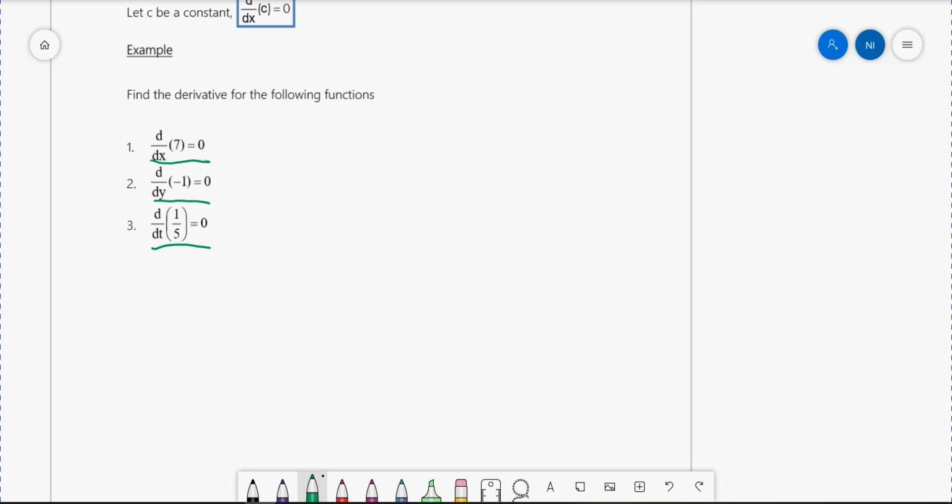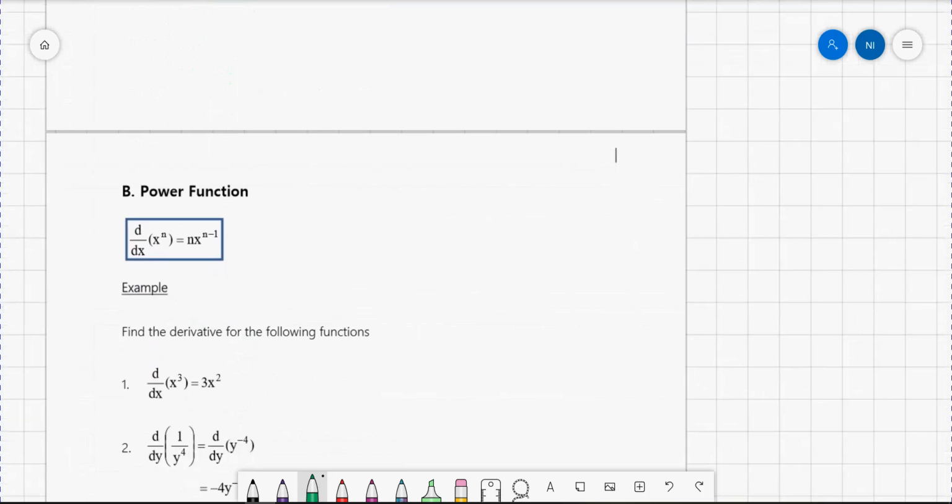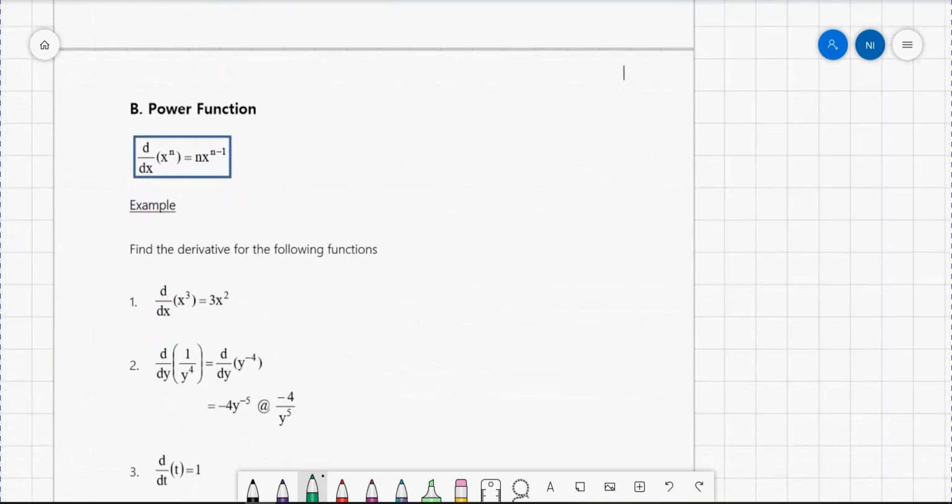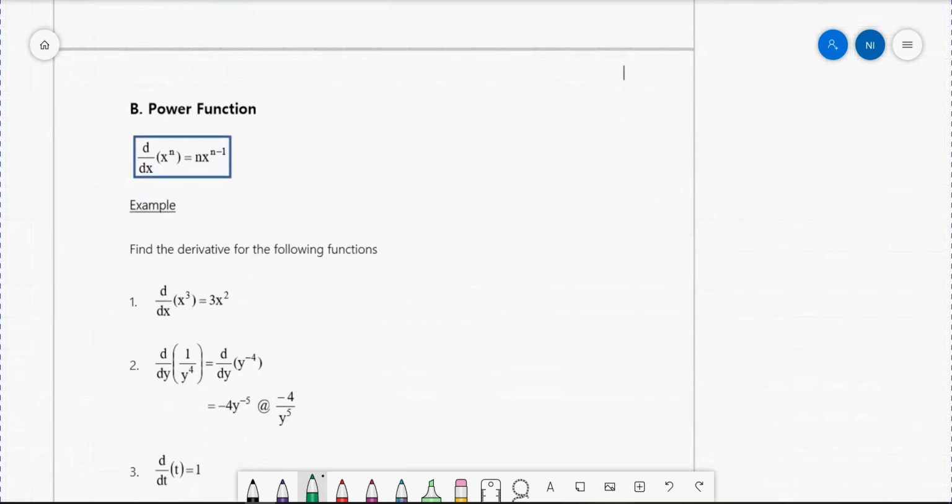So the next one will be power function. For power function, we have the formula: differentiate x power of n with respect to x is n x power of n minus 1, because differentiating x power of n means bring the power forward first and then subtract 1 from the power.